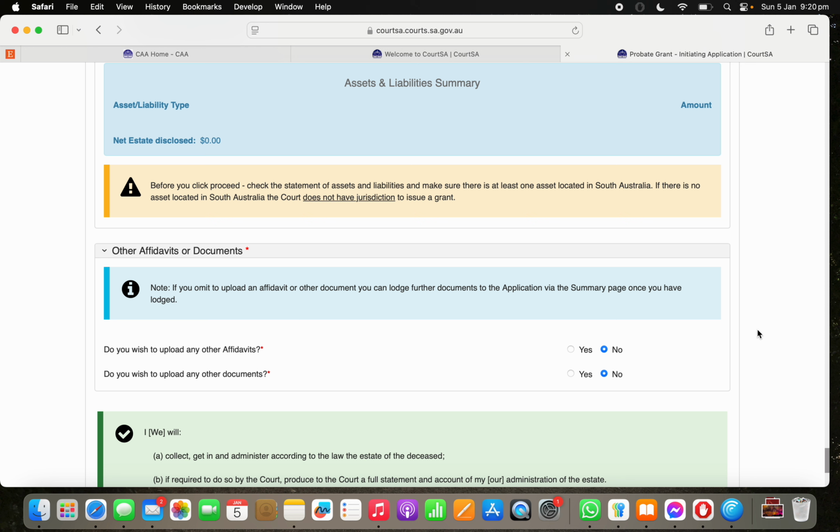However, we would probably question whether or not you need the grant from South Australia, or if you'd be better off getting it from wherever the bulk of the assets are located, because please do be aware that sometimes the asset holders, they want a grant from their state, not from a different state, maybe where the will was written, or because the deceased lived there, or that's where the executor lives. The asset holder will determine which state they want to get the grant from, so do have that conversation before you apply.